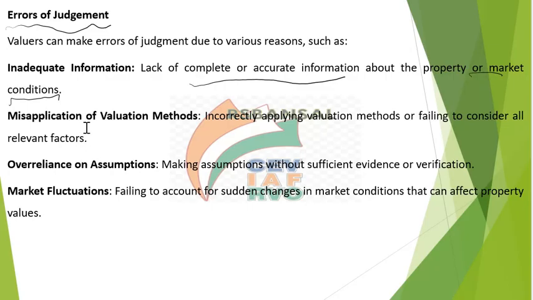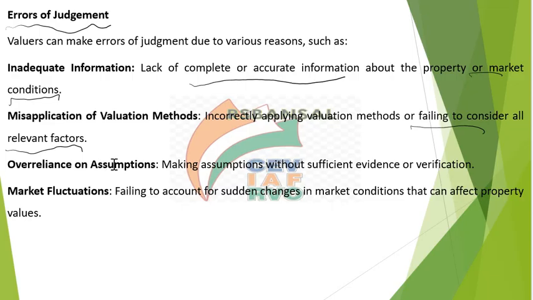Then misapplication of valuation method. A valuer has to apply the correct method. If an incorrect method is applied or relevant factors are not considered, it will lead to misapplication of valuation methods. That will be called error of judgment.